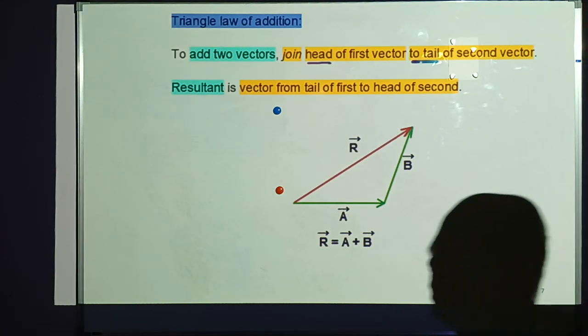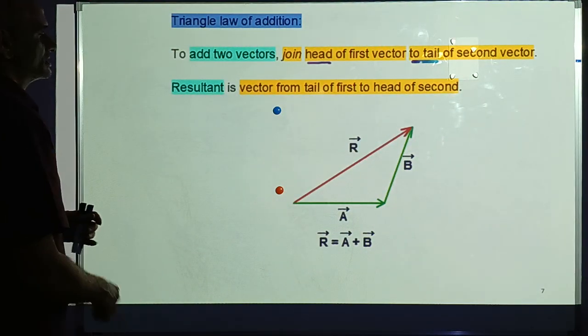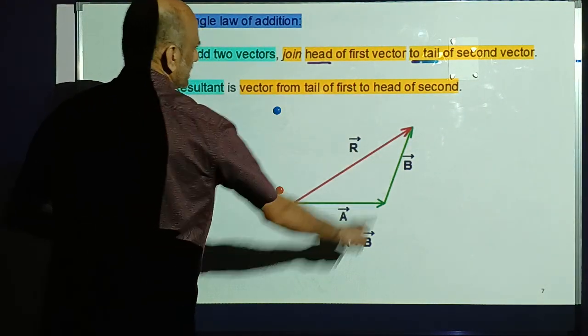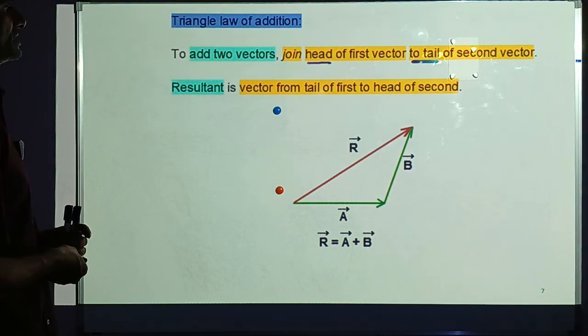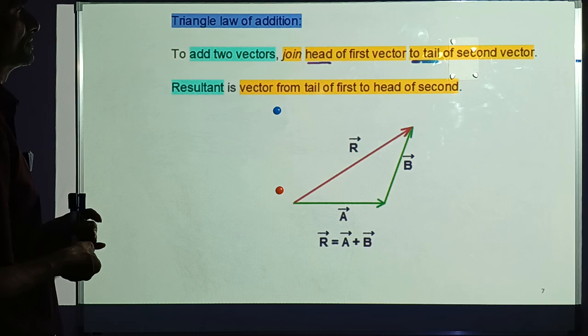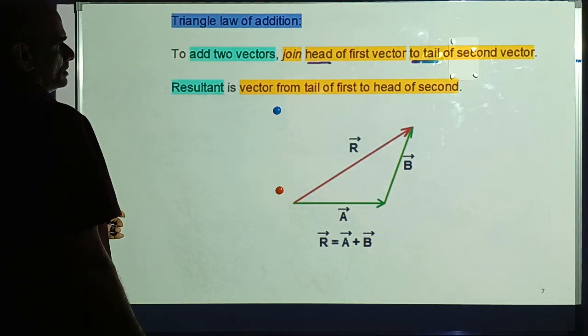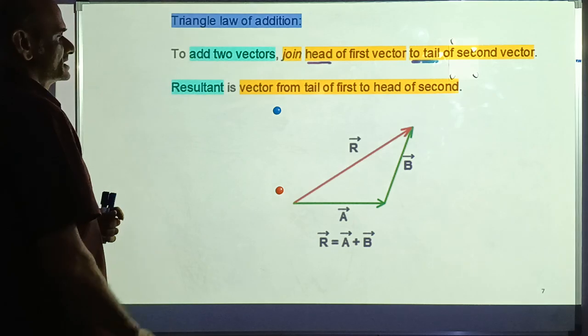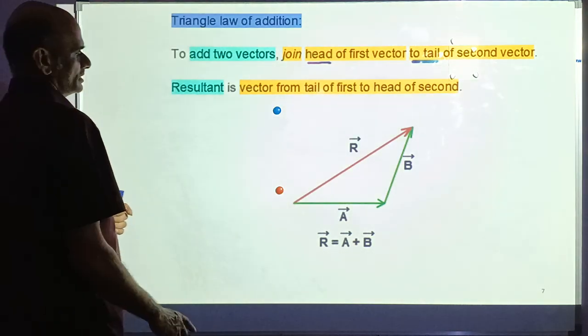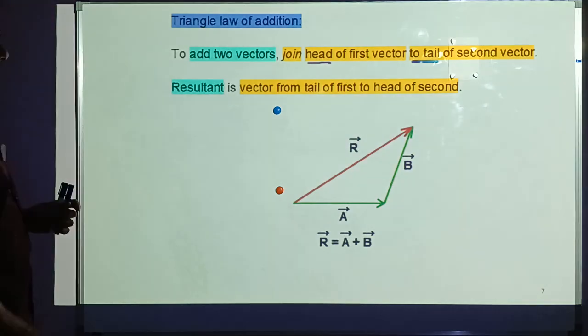So we use triangle law of addition to add two vectors. Here there are two vectors, A and B. So the rule says join the tail of the second vector to the head of the first vector. So tail and head should join. After that, to get the sum of these two, I'll take a vector which is joining the tail of the first vector to the head of the last vector.